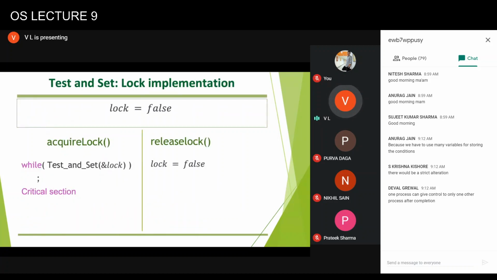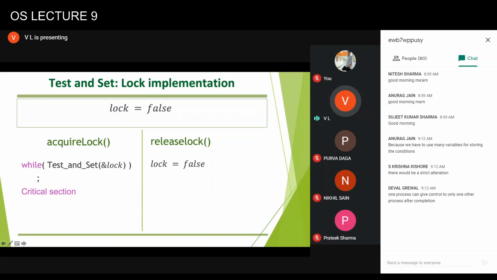So we can implement a lock function using this instruction very easily. Initially we are having a memory location, which we are indicating with the identifier lock. So initially lock is set to false. And what a process does in acquire lock, it will execute test and set on this particular lock.